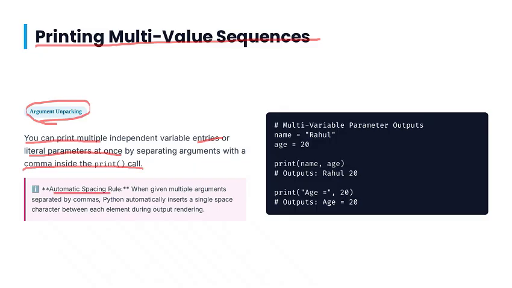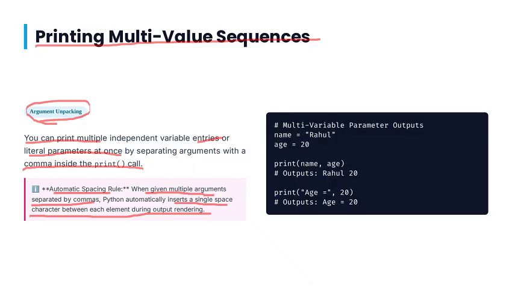When given multiple arguments separated by commas, Python automatically inserts a single space character between each element during output and return. So when there are many number of data to be displayed, we can write it inside the print function using the commas, not semicolon, sorry, it has to be commas.